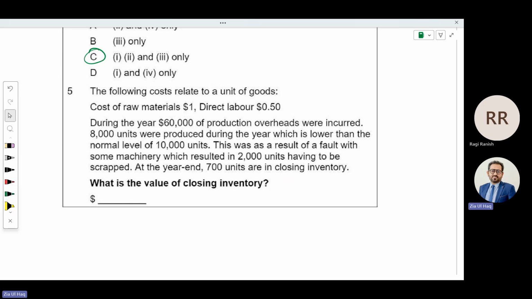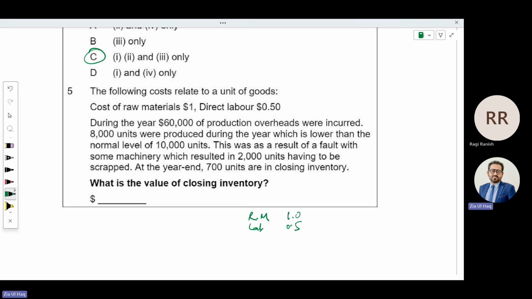The following costs relate to a unit of goods. Cost of raw material per unit is 1. Direct labor is 0.5. During the year, 60,000 of production overhead was incurred.